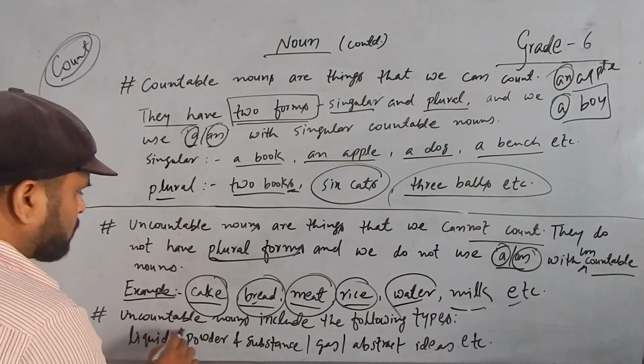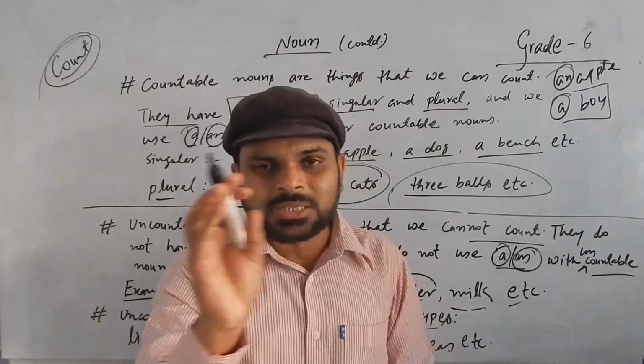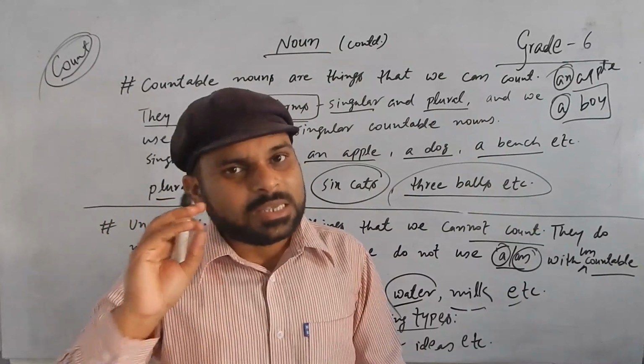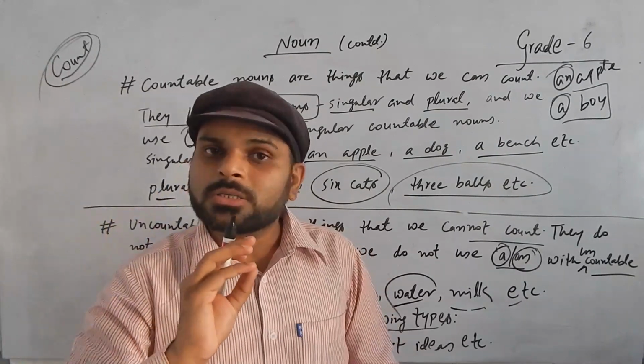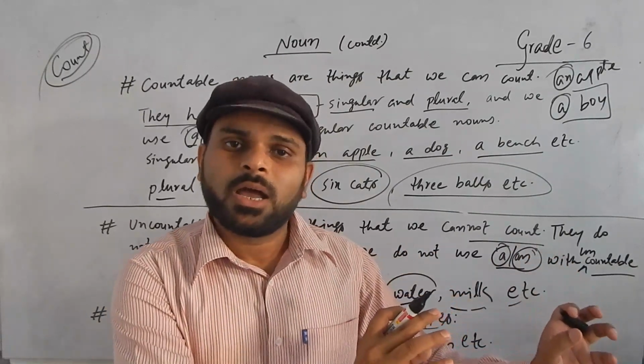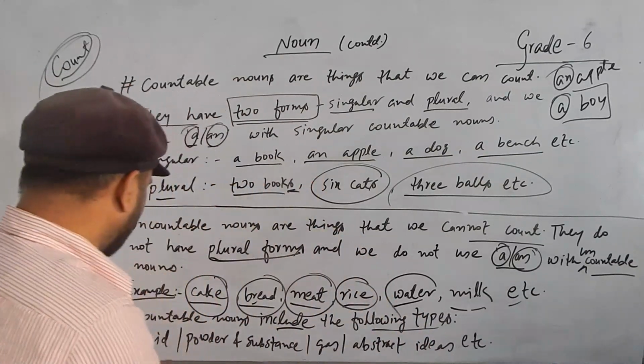Next, uncountable nouns include the following types. Basically, there are some types that can be a symbol to find that these things can be kept under the uncountable nouns. What are they? Liquid.